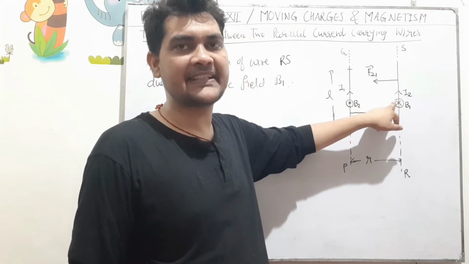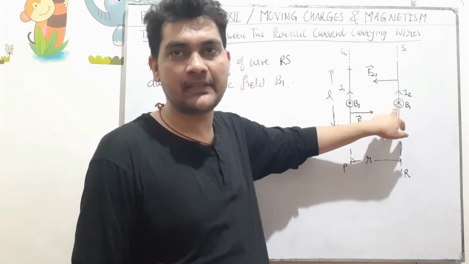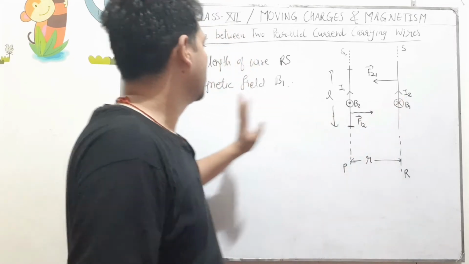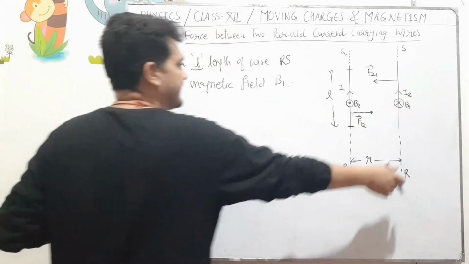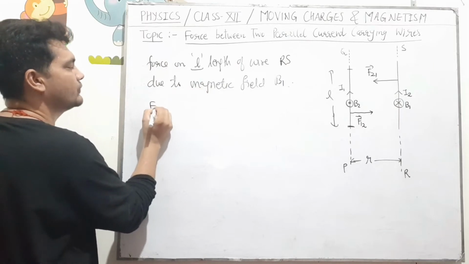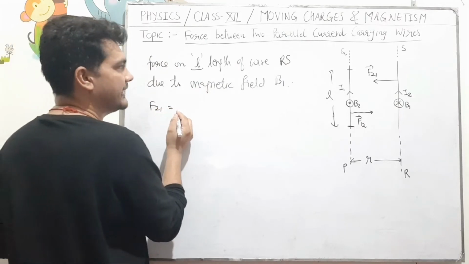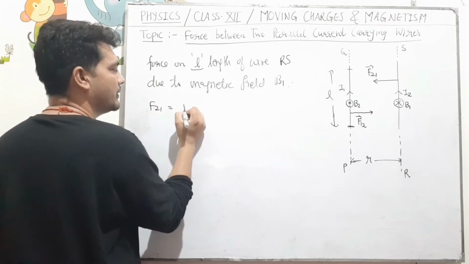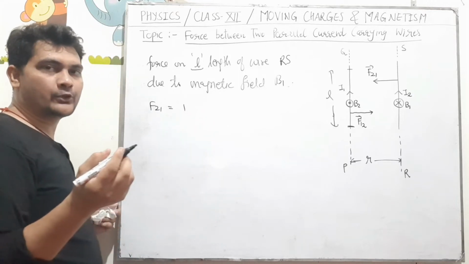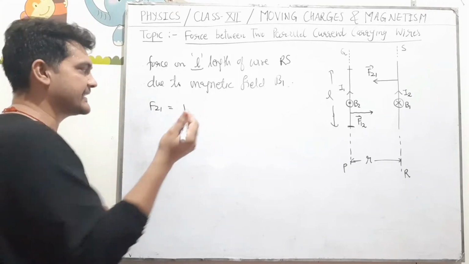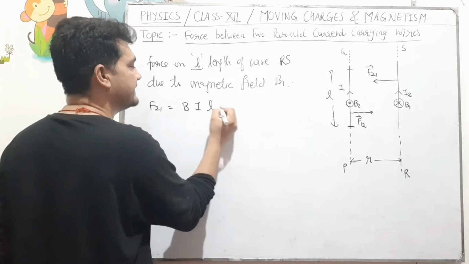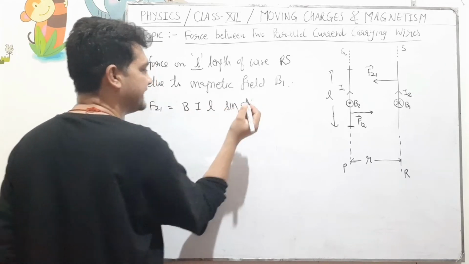Therefore, it will experience a magnetic force because of this magnetic field B1. So the force on this wire RS is given by F21, and that is equal to BIL sin theta. The magnitude of the force is always given by BIL sin theta. Theta is 90 degrees, we will see.